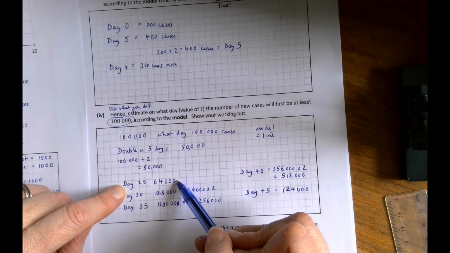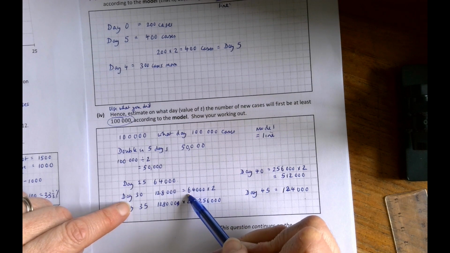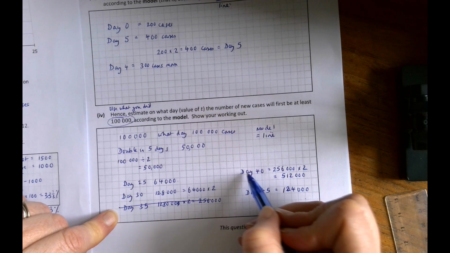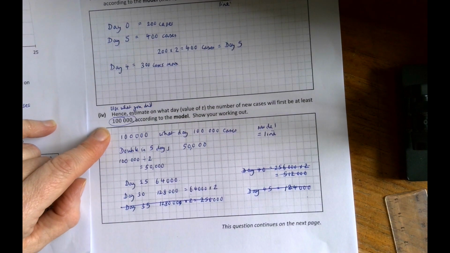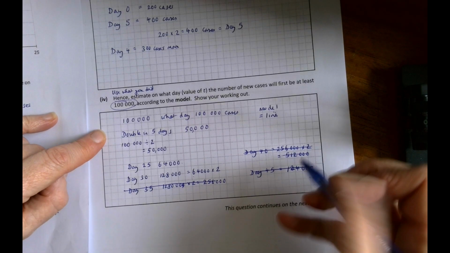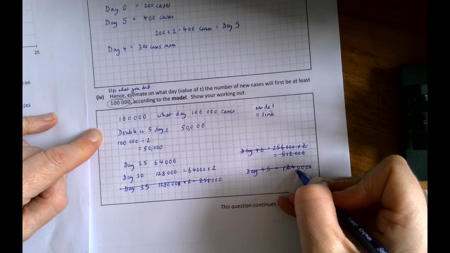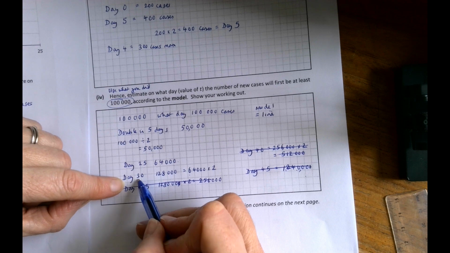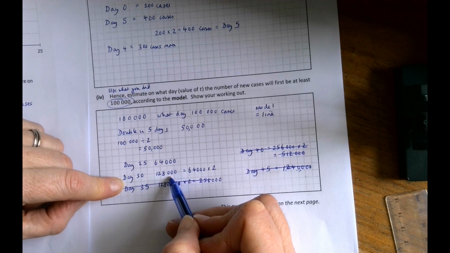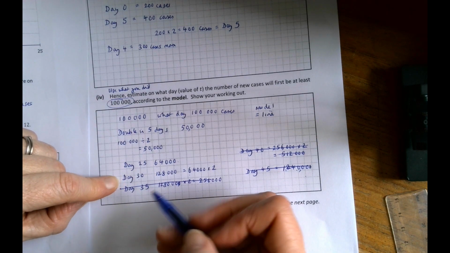So 64,000 on day 25, 128,000 on day 30. I actually went too far, didn't I? I didn't need to go on there. It's 100,000. I was thinking it was 1 million. So day 25 is 64,000 and day 30 is 128,000, so it's somewhere between these two.